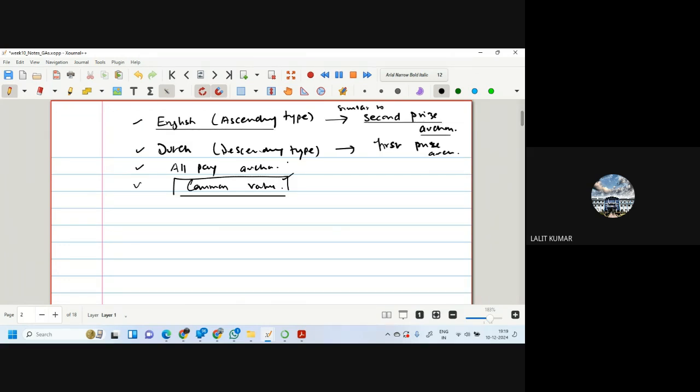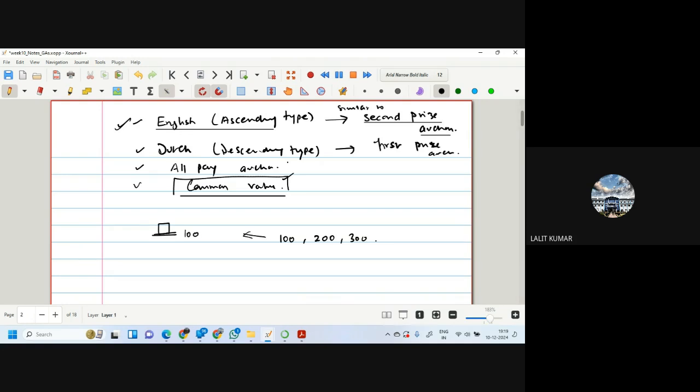So why is the English ascending type a second price auction? Take an example where something is being bid on in ascending order, and there are three bidders with values 100, 200, and 300. The first bid comes at 100, so all three will bid.